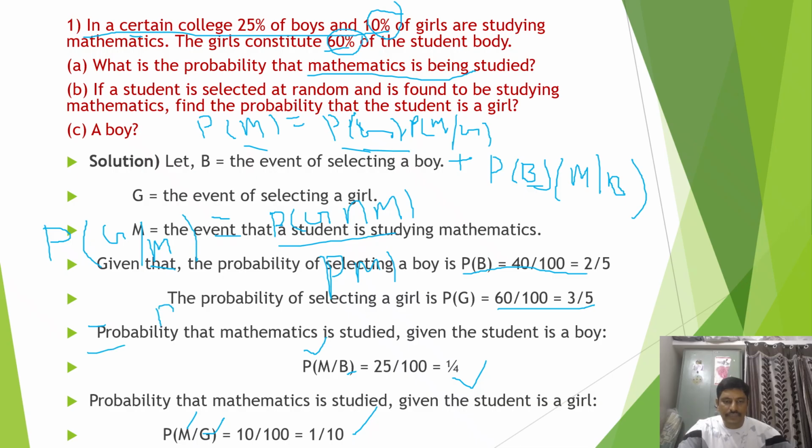P of G, we clearly know in the given data, into P of M by G, whole by P of M. So all the values we have. Now by substituting all the values we will get the answer.